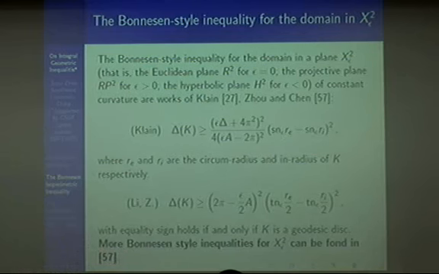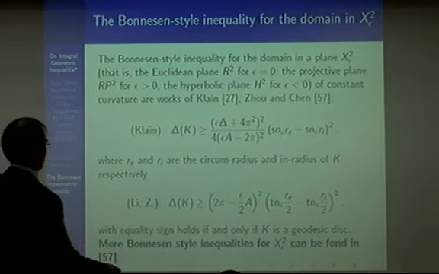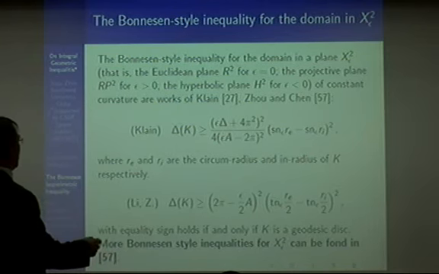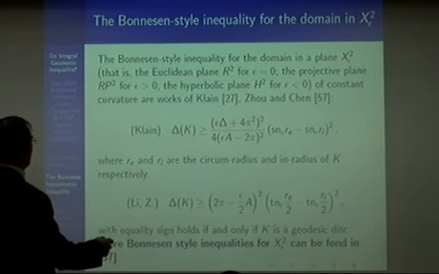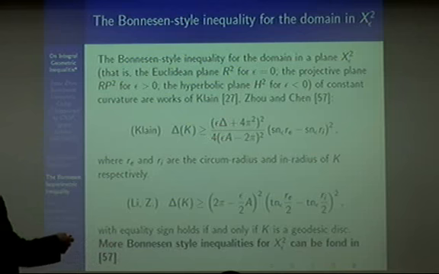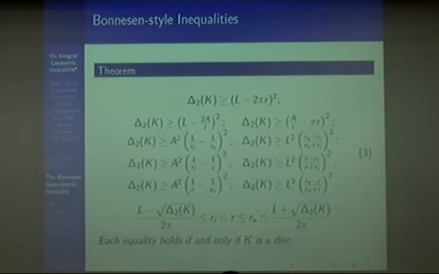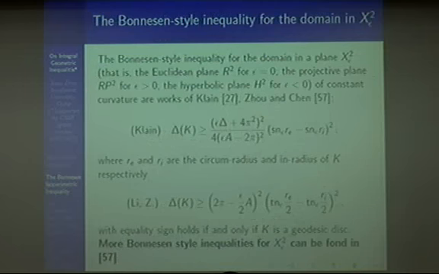And then later we have this one, and this one has something about this here. This shouldn't be here, but that's the work done. We just list it here. And also we get more. All those types of inequality are generalized to the plane of constant curvature.